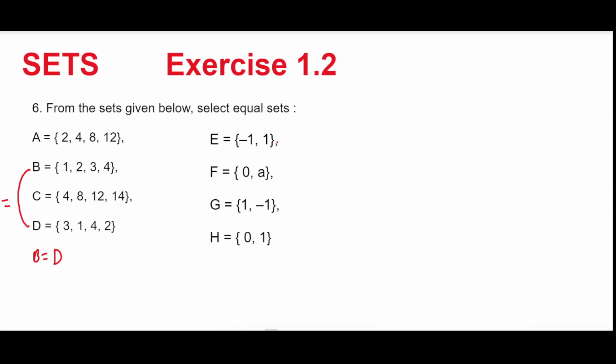Now come to E. Minus 1 is not an element here, so it is not equal. Minus 1 is an element here, and 1 is an element here, so these are equal. Now 0 is an element here, but 0 is not an element of G, so if E is not equal, 0 is not an element of G. But 0 is an element in H. Check another element: here A is not available, so it is not equal.